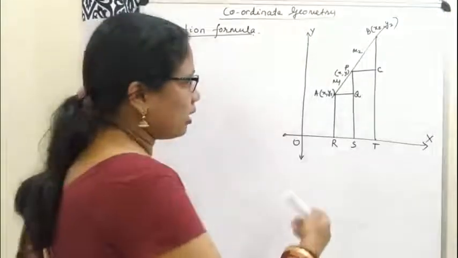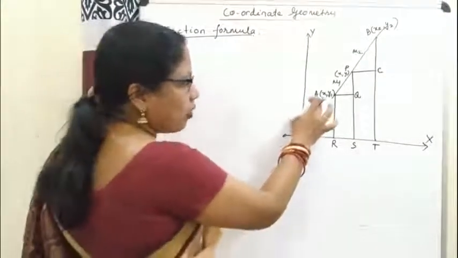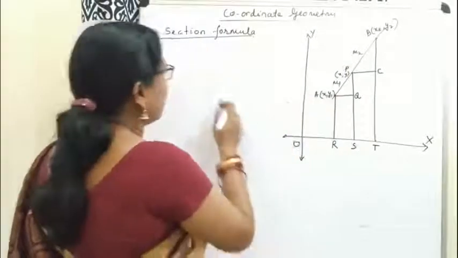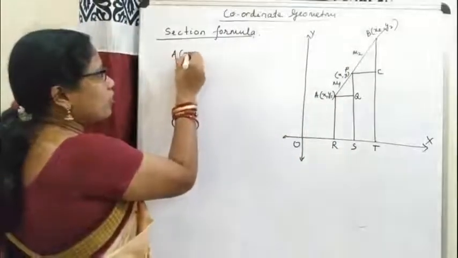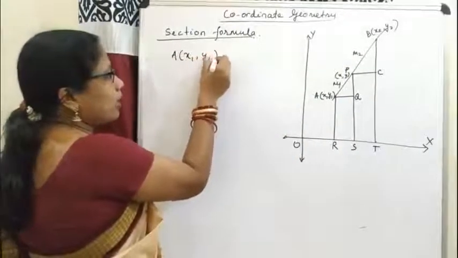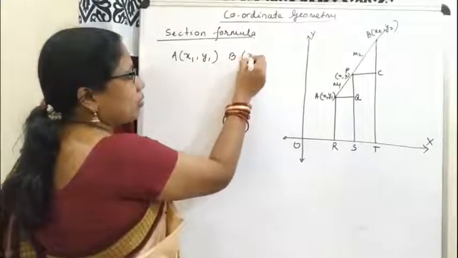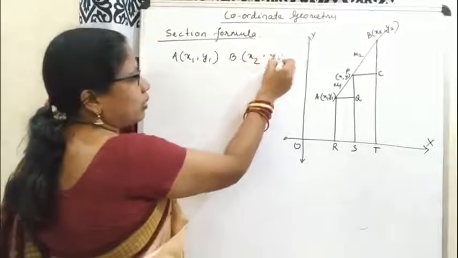So here I have drawn the figure. Two points are there, A and B. A has coordinates x1, y1 and B has coordinates x2, y2.